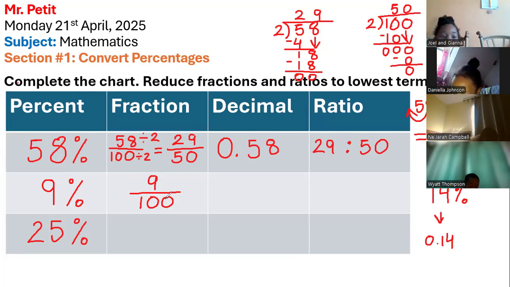All right, so it's 9 over 50. Sorry, 9 over 100. Can we simplify this further? No, sir. We cannot simplify it any further.